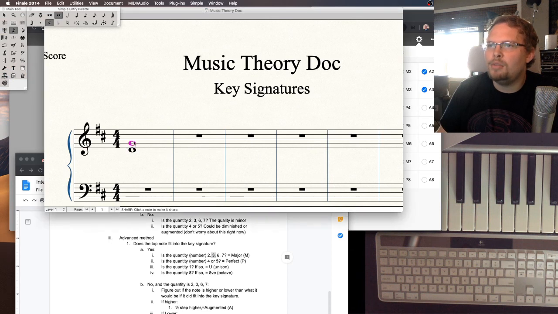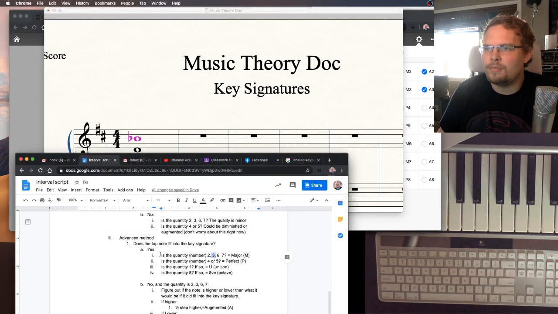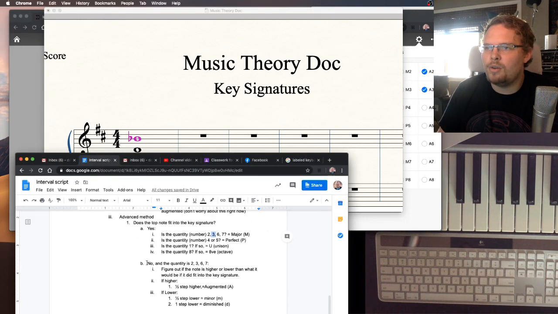Okay, moving up here, let's put in a B flat. So I'm just going to add a flat to that. A B flat does not fit into that key signature because there are no flats, and if there was, there would be a flat over here in the key signature. And I know I have a sixth here. So I go over here to no, and the quantity is a sixth.